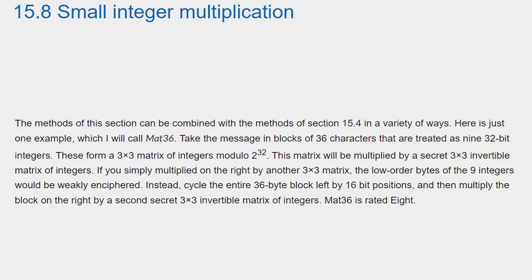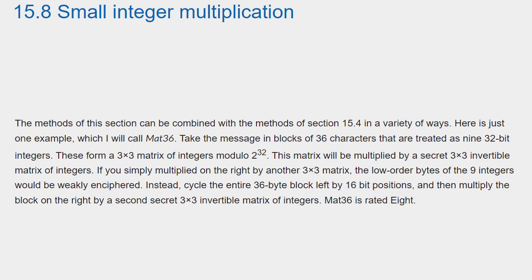The methods of this section can be combined with the methods of section 15.4 in a variety of ways. Here is just one example, which I will call MAT36. Take the message in blocks of 36 characters that are treated as 9 32-bit integers. These form a 3x3 matrix of integers modulo 2 to the power 32. This matrix will be multiplied by a secret 3x3 invertible matrix of integers.